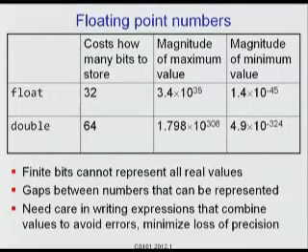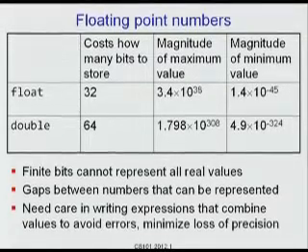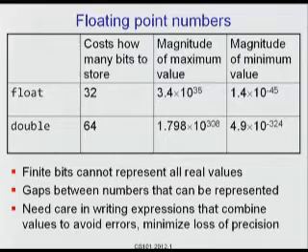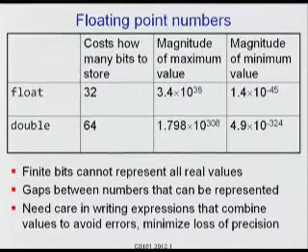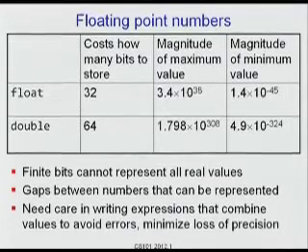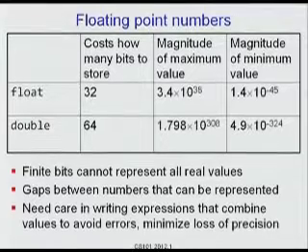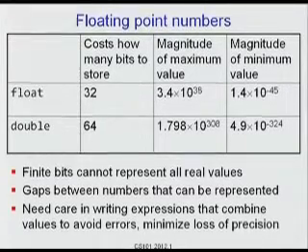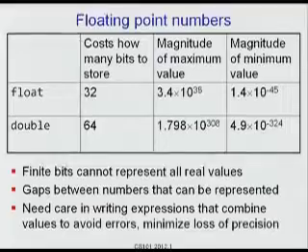You should work it out offline, based on the representation I've already told you. And 64-bit doubles can represent a maximum value of about 1.8 into 10 to the power 308 and a minimum value of 4.9 into 10 to the power minus 324.